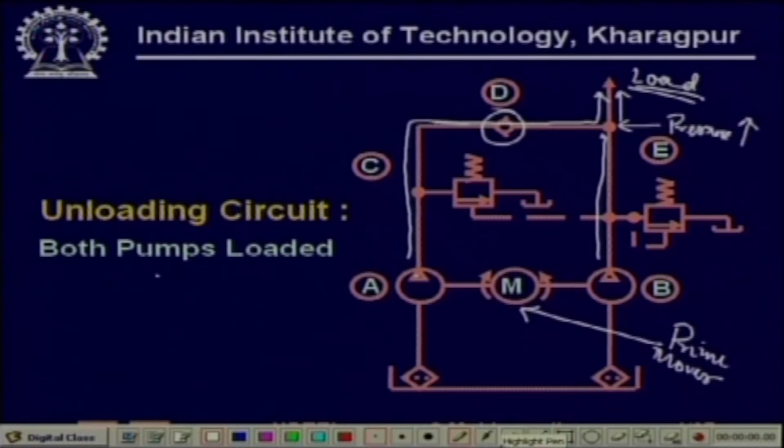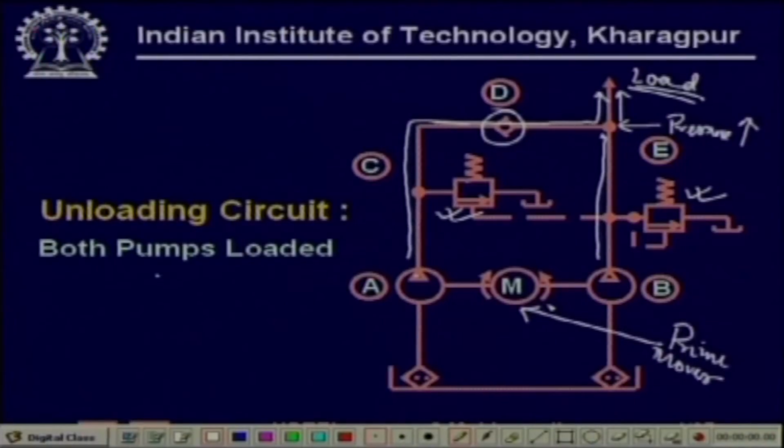Now you see that there are two relief valves. This is one relief valve and this is another relief valve. If the pressure goes up beyond this setting, remember that we are talking about hydrostatic pumps or positive displacement pumps generally.